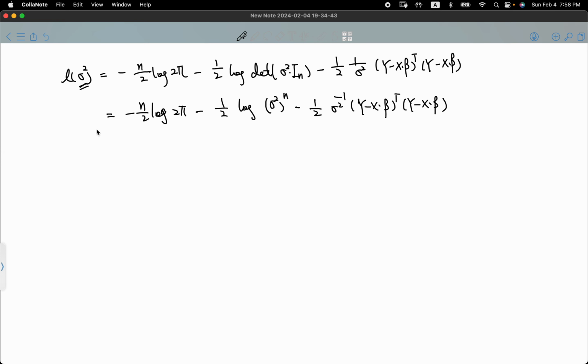Now maybe let's make one more transformation. The log of something raised to the power of n is equal to n multiplied by the log of that. So I bring the n from the power into the numerator of the fraction.